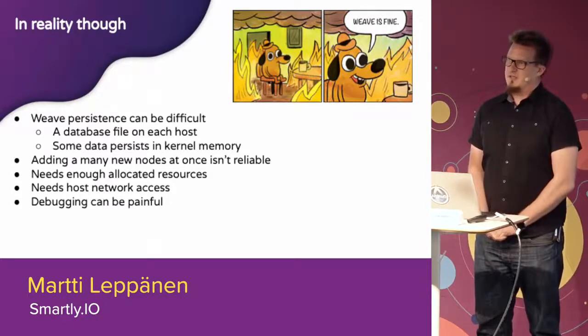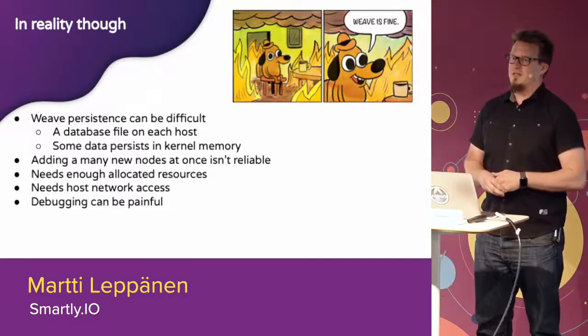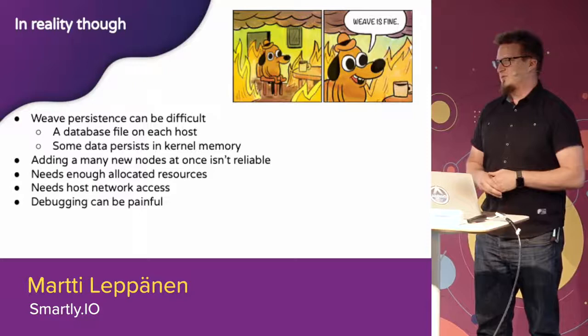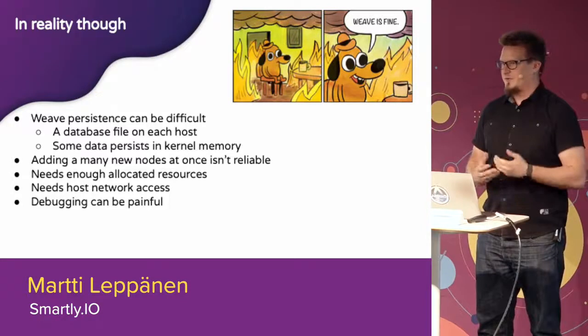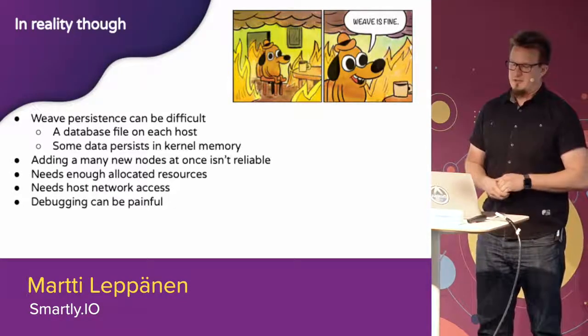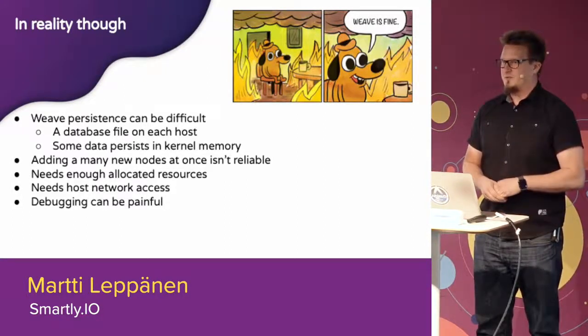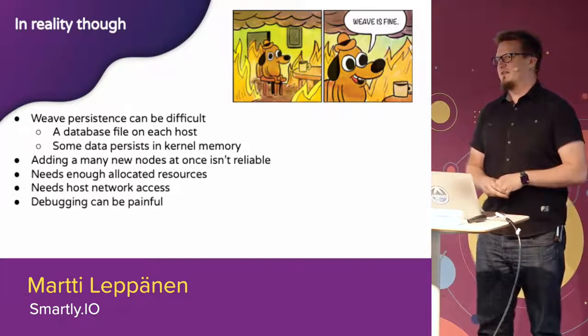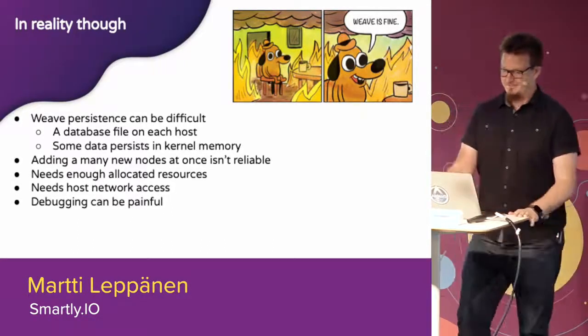And this took us some 2 days to debug on why it's not working, and also quite some time to actually be able to get the cluster back up and running. Of course, this normally shouldn't happen. If you run your test correctly and you know what you're doing, you probably shouldn't be hitting these issues, but it's quite important to hug Weave a little bit and say happy words to it so that it stays happy.